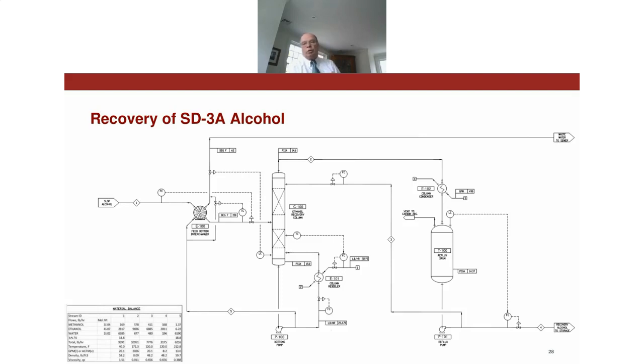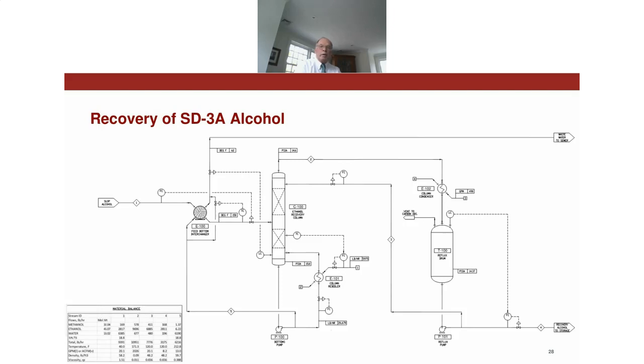And the client's goal there was to strip the alcohol out so that there was less than 100 parts per million of alcohol in that wastewater. And as you can see from the flow sheet, this is again a relatively simple process where we take the feed that comes out of a storage tank.